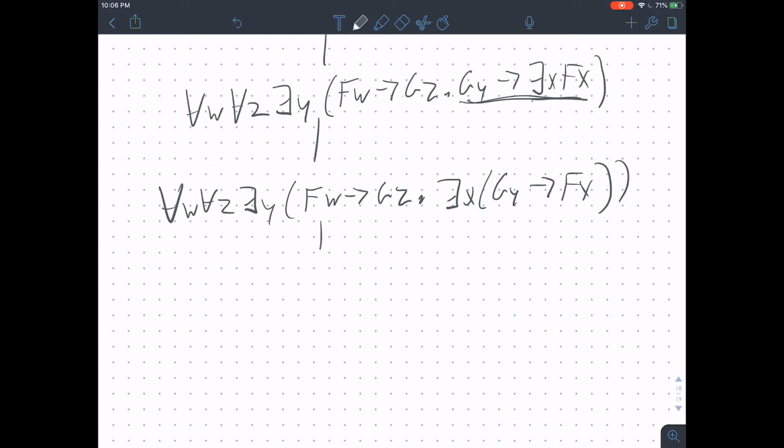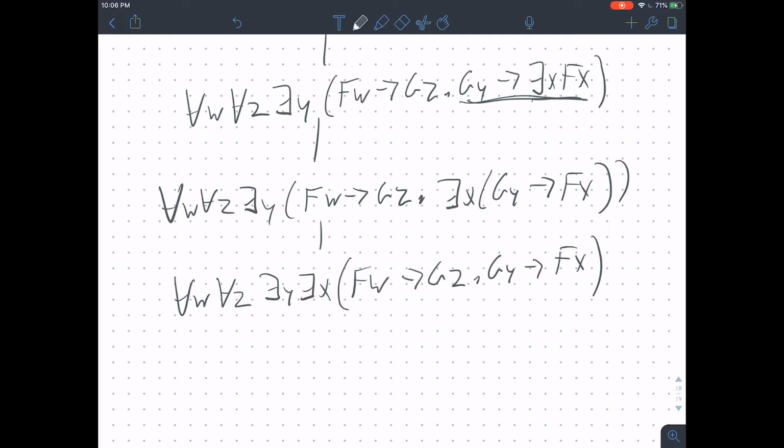And then all we've got to do here is pull the X quantifier out and we're done. And that is in prenex form.